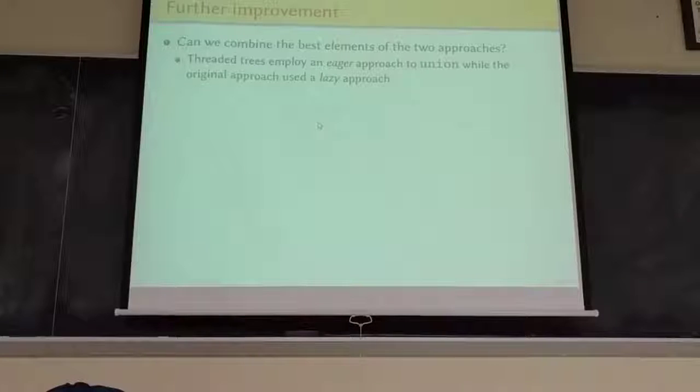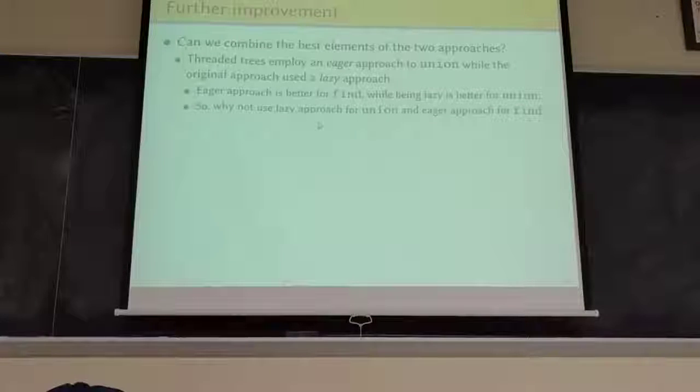That's what we call a lazy approach, because you just make a connection and later on figure out what the implication of that connection between two sets is. So the eager approach is better for find, but lazy is better for union, in the sense that lazy makes union fast, and the eager approach makes find fast. Okay?